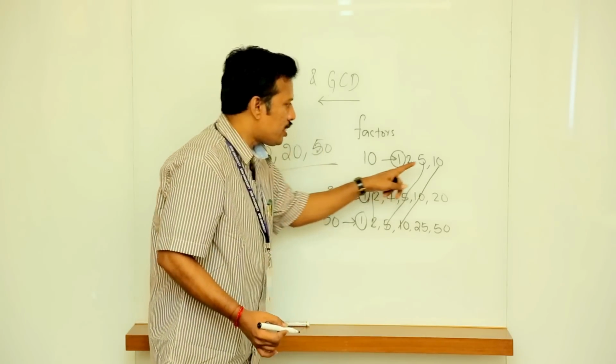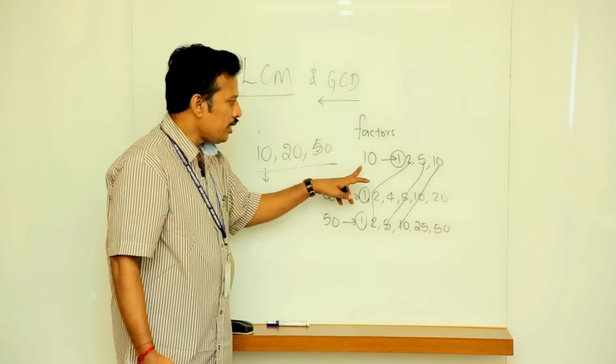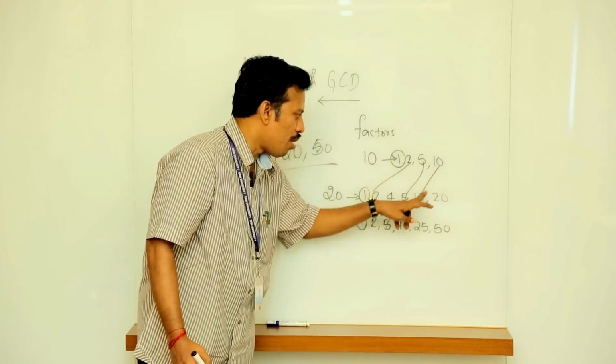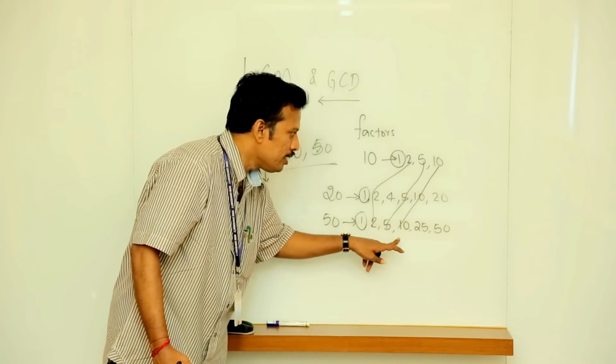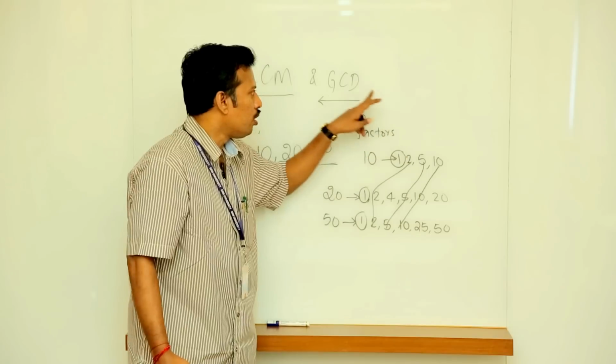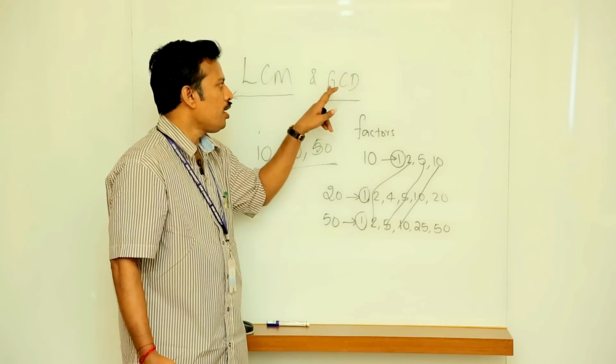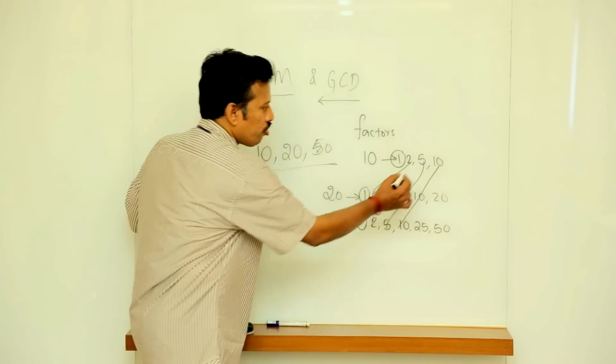When you analyze this set of values, the greatest divisor common to all is 10. So, the divisor common to all, greatest in its value, is 10.